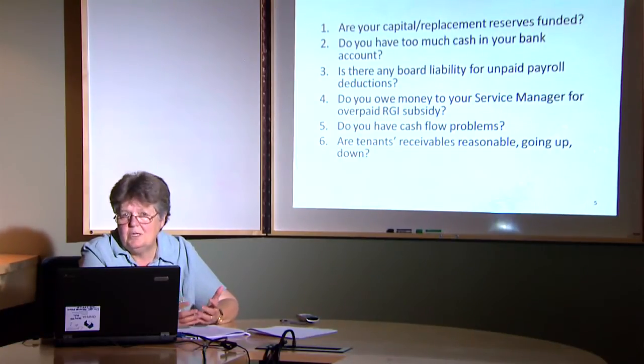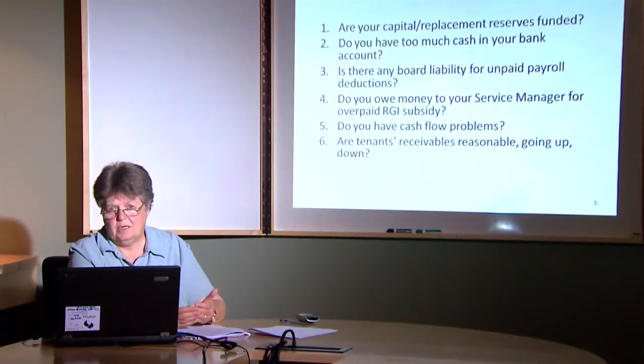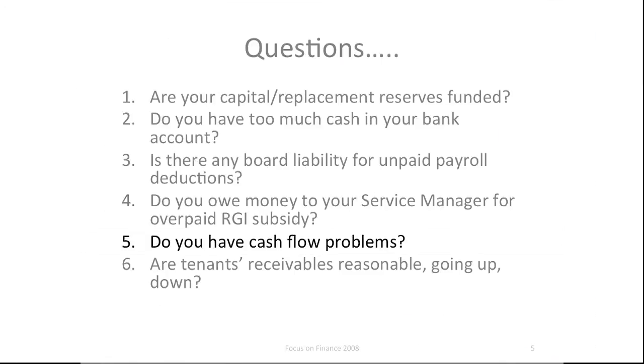So, for instance, we give the service manager an estimate on what we think our RGI revenue is going to be for the year. If it's lower or higher, that adjustment is generally made with the AIR at the end of the year. But we need to be making those adjustments on a monthly basis so that we know exactly where we're at. The balance sheet tells us whether or not we're going to have cash flow problems.